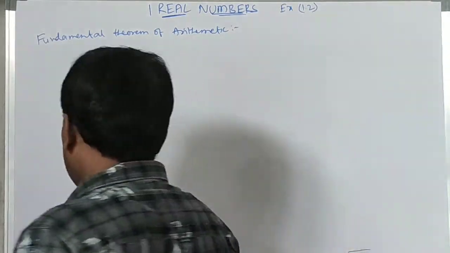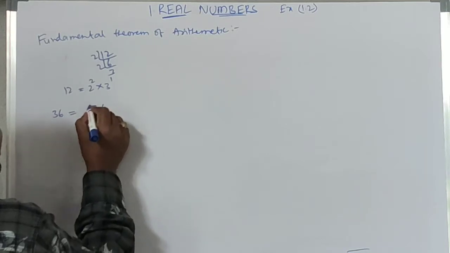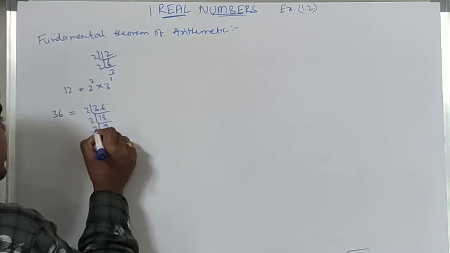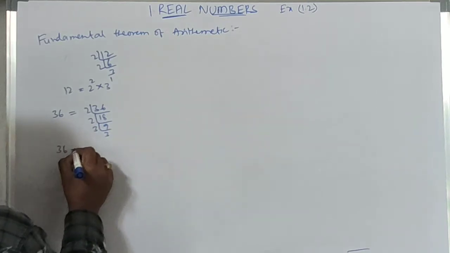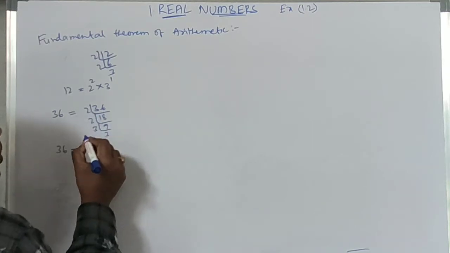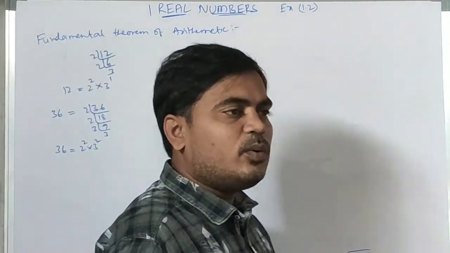If we are taking another number, that is 36: 2 into 18, 2 into 9, 3 into 3. We can write 36 equal to 2 square into 3 square, or 3 square into 2 square.